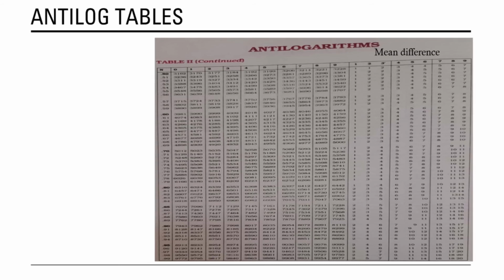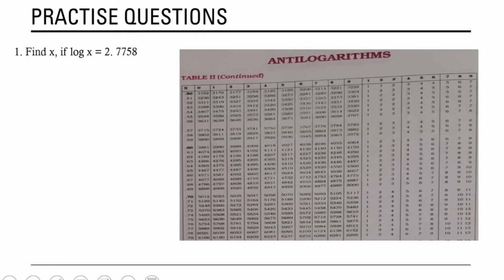It also has a few more columns to calculate the third digit, and it also has the mean difference column which we have to add, similar to the log table. Now we will see a few problems.